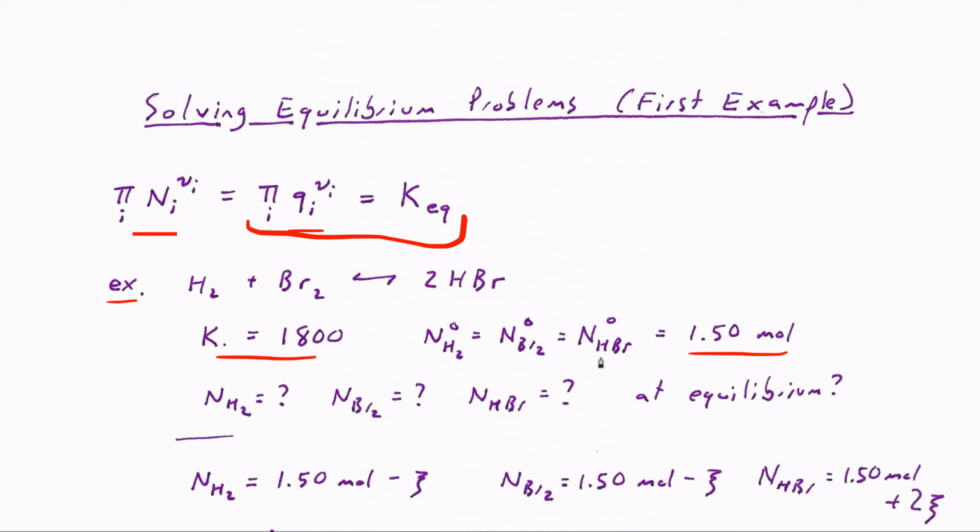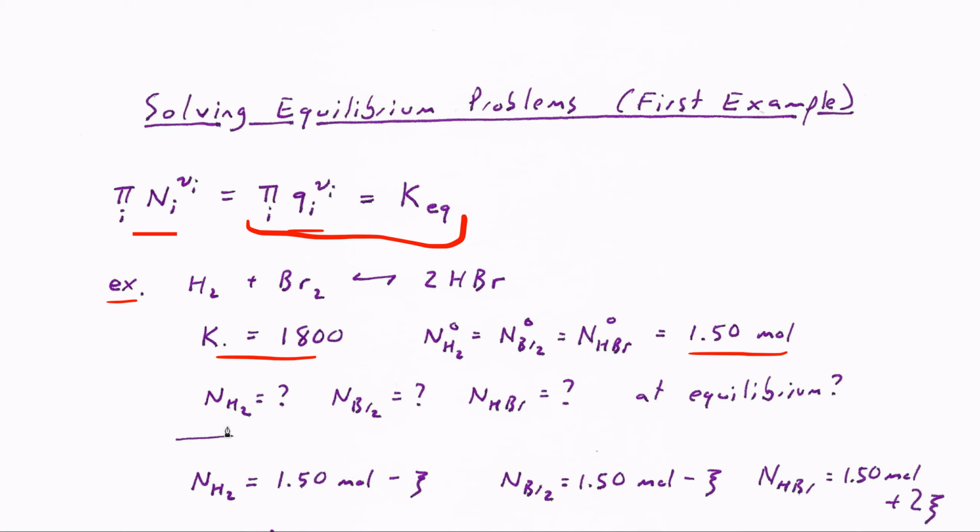So the initial amounts of each component are all exactly 1.5 moles. Since they're gases, we could do that by introducing gases at the same partial pressures into a vessel at a pressure, volume, and temperature that works out to be 1.5 moles of each species.